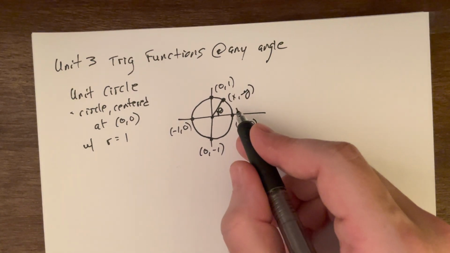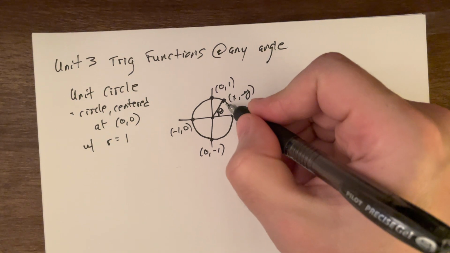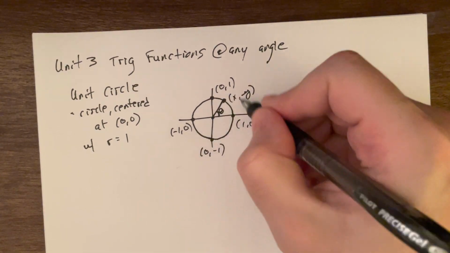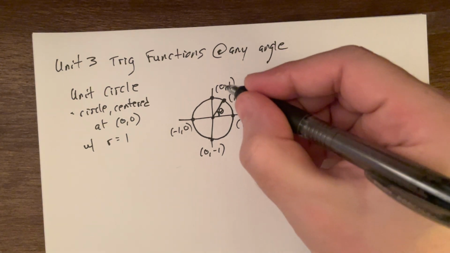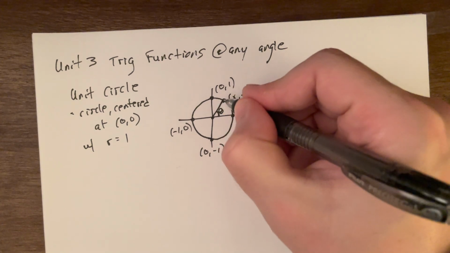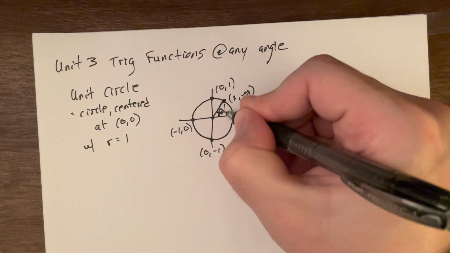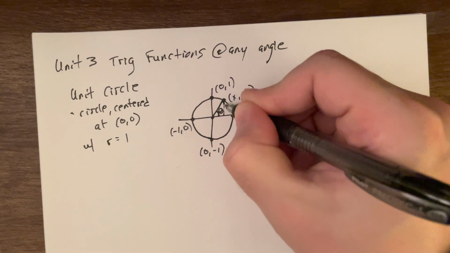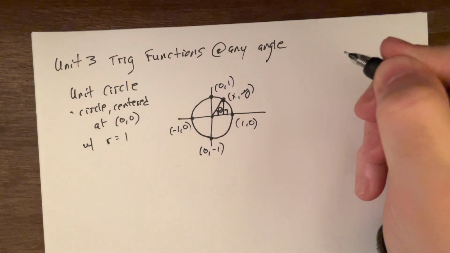Let's notice what we can do here: I can make this into a right triangle. Whenever we get right triangles inside the XY axis, you can do that by taking your point and going straight to either the Y or the X axis. To make all these definitions work and be the same all the time, you will always go to the X axis. So there's a right angle.